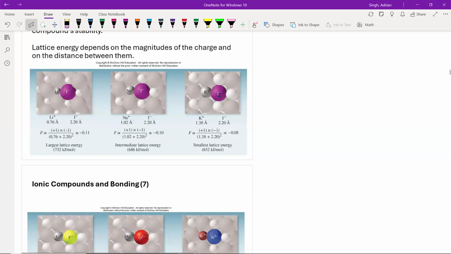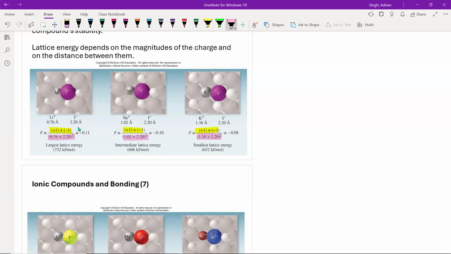So the distance between the charges goes up, as you can see down here in the denominator. In all three cases, the thing that's the same is the numerator, which is the charges, right? That doesn't change. The difference here is in the denominator, the distance between the charges, and that happens when the sizes of the ions change.